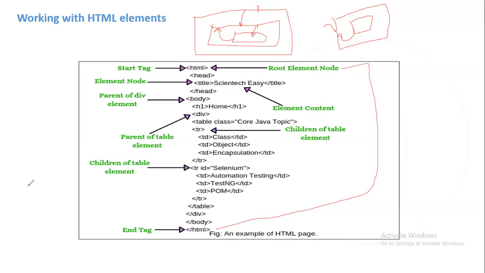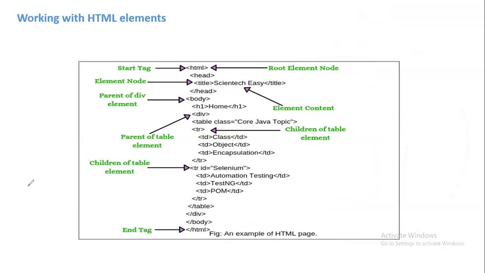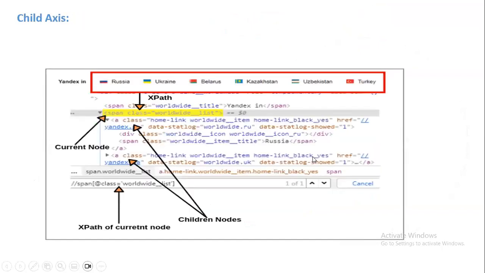So how can we locate parent and child elements? Let's understand one by one. Watch this diagram. Here we have one span element, which is the current element. Under this span element, we have several anchor tag elements, which are the child elements.